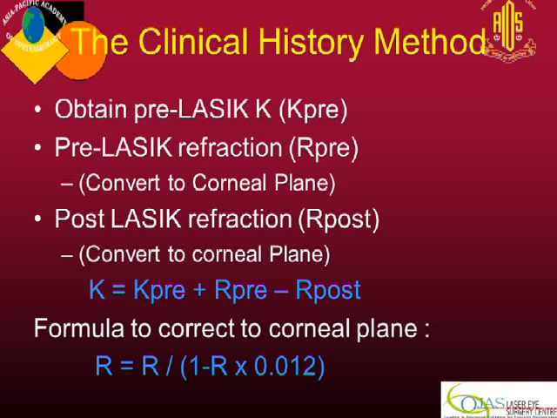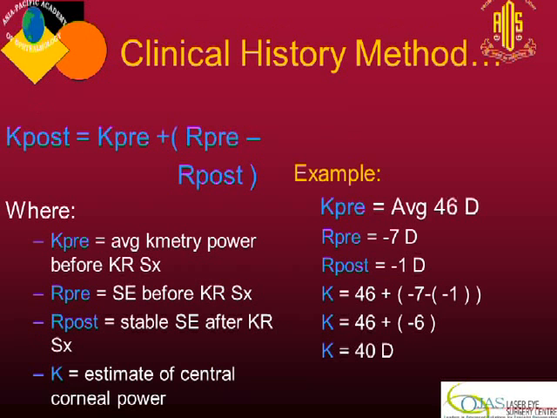So if you look at this patient with a pre-op K of 46 diopters, a pre-op refraction of -7 diopters and a post-op refraction of -1 diopter, then you have the effective K as 40 diopters.